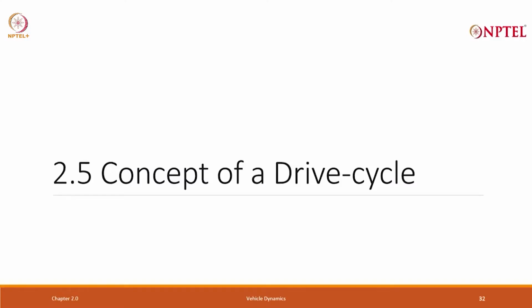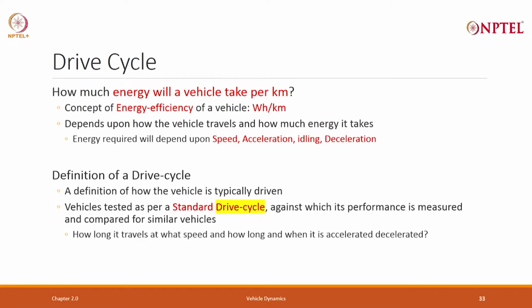And we introduced the concept of drive cycle, and we said based on that drive cycle we can compute what is the maximum power required, what is the maximum torque required, what is the energy required, what is the energy efficiency in watt hour per kilometer. We will figure out all these things, and we introduced this concept slowly, and then we defined the first standard drive cycle, the 2-wheeler drive cycle called the India drive cycle.